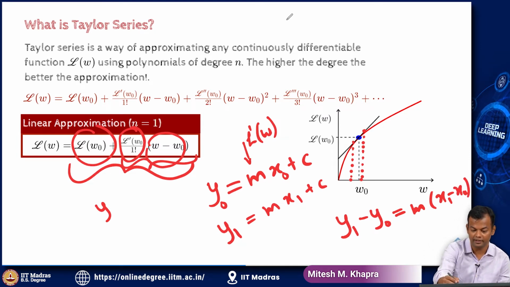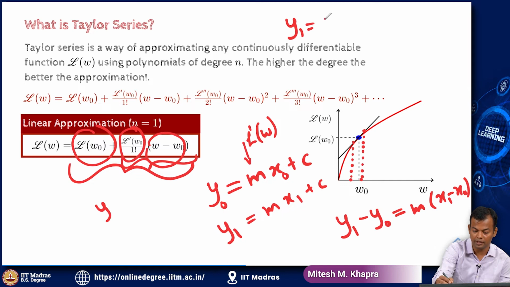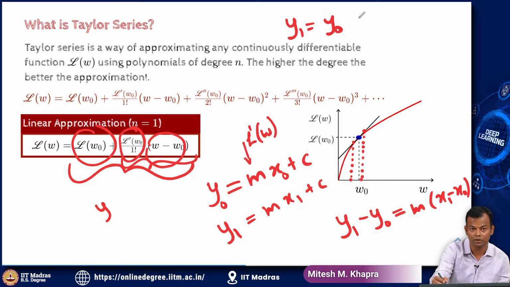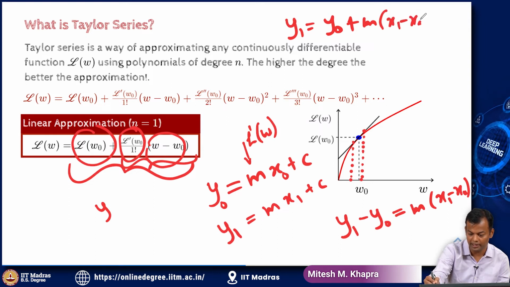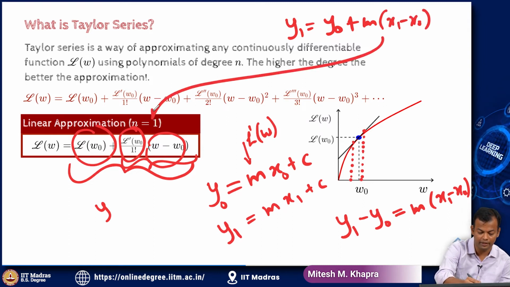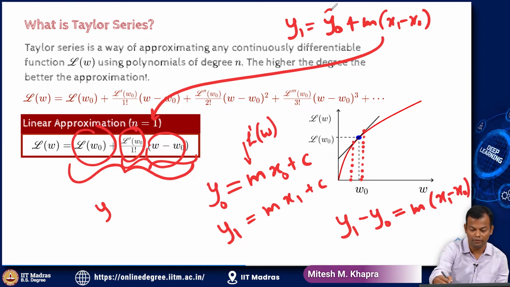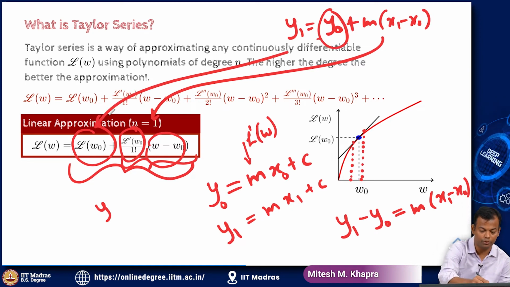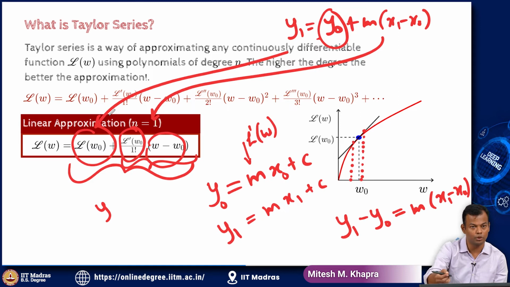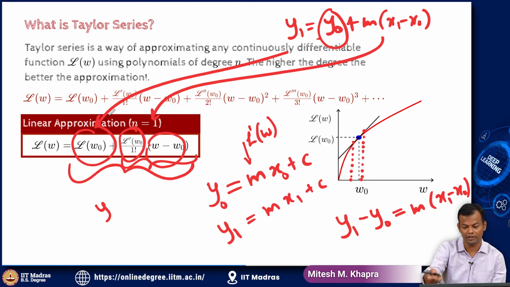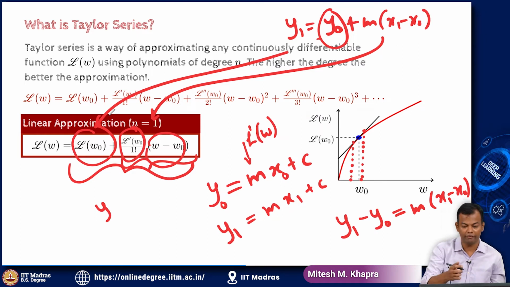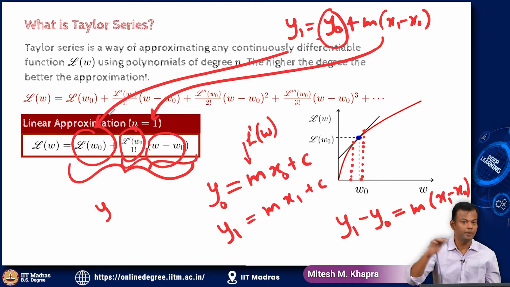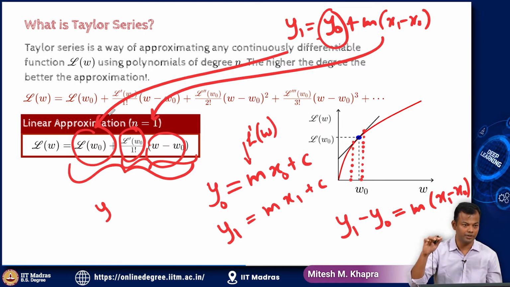And if I rewrite this, I'll have y1 is equal to y0 plus m into x1 minus x0, right? And that is exactly what this formula is saying. So y0 is nothing but L(w0), m is the slope, and w minus w0 is the same as x1 minus x0.